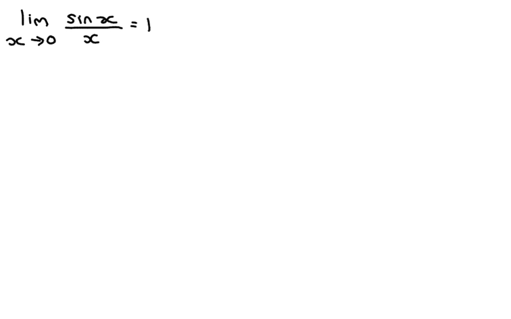Now this is a very important result, and I'm going to use that result in order to prove that the limit as x tends towards 0 of tan x over x is also 1. So this video is about that proof, using the previous results that you saw in the Khan Academy video. So let's have a look at our proof.